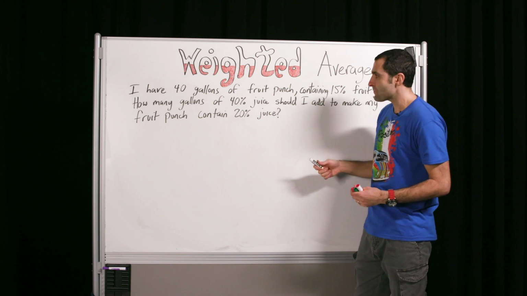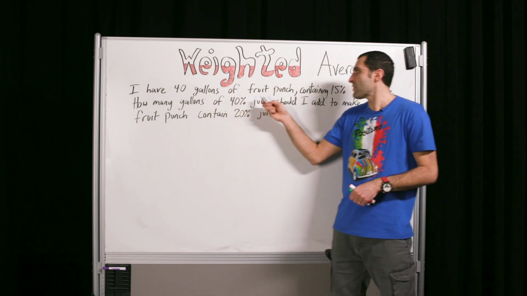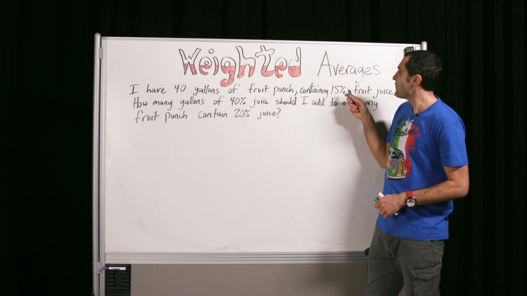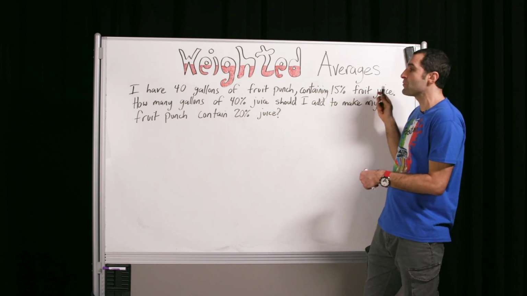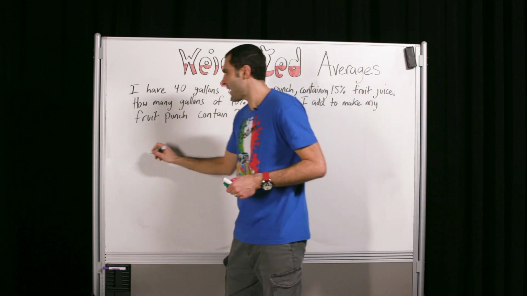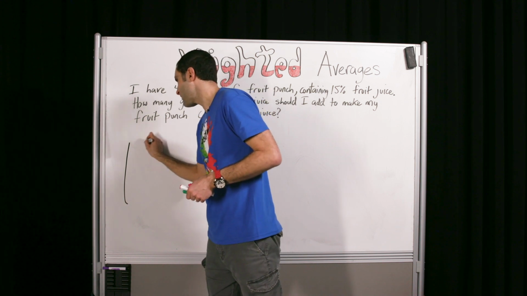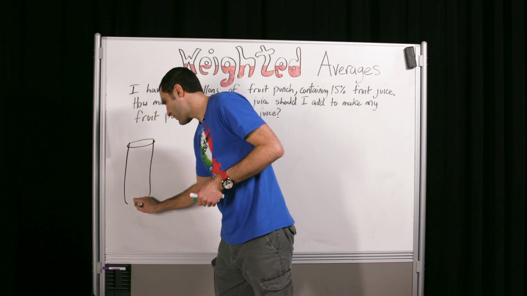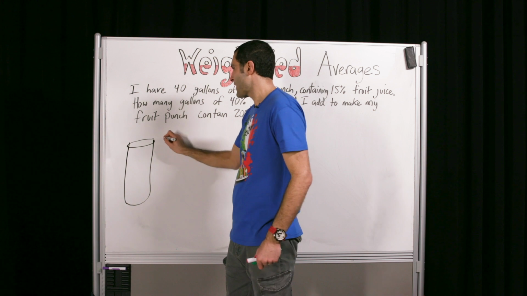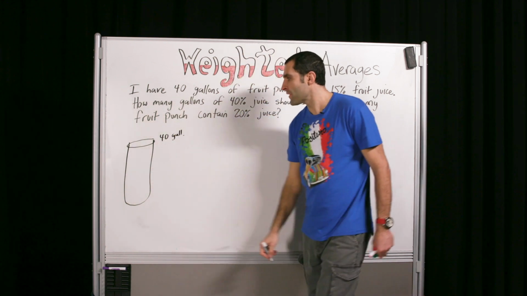So imagine, let's say I'm a juice company, and I have 40 gallons of fruit punch containing 15% fruit juice. So let's just pause there. I have this container, something simple like this. This is 40 gallons, and I have it filled to the top.